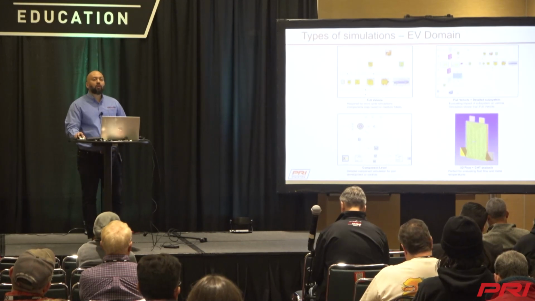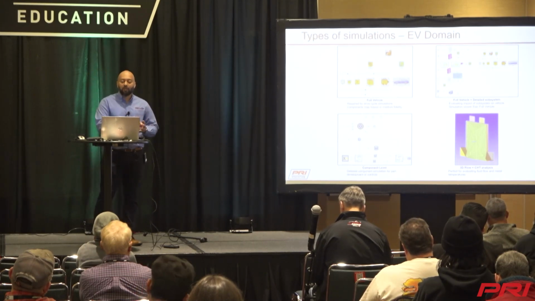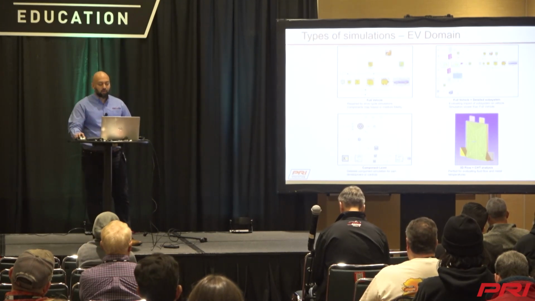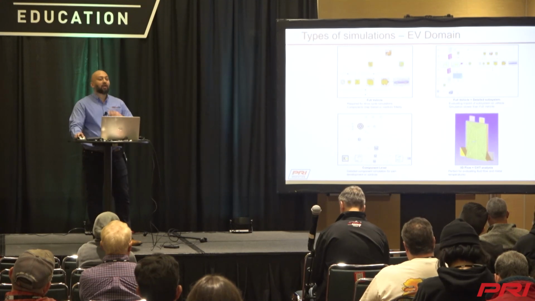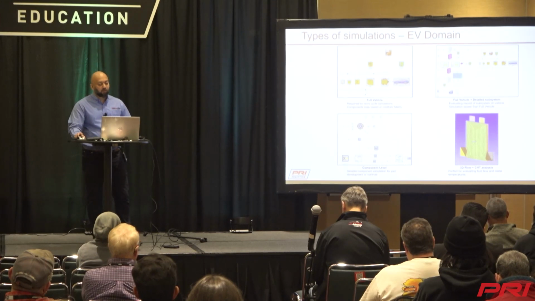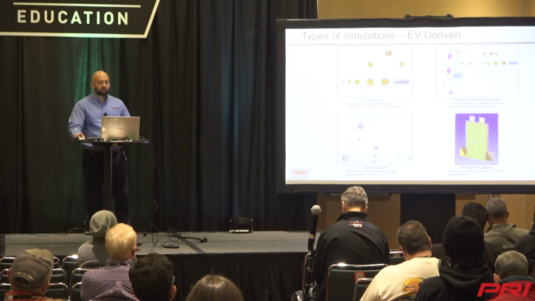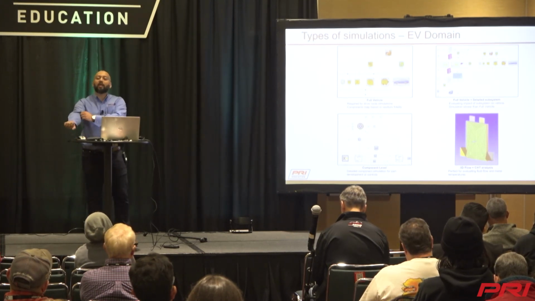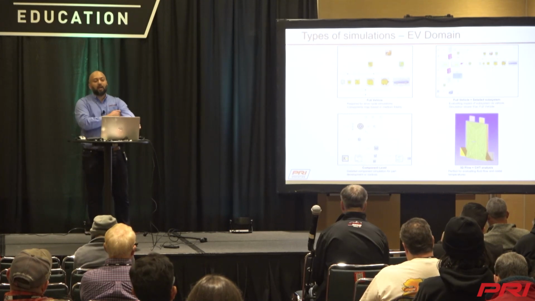Now, if you want to understand the importance of a detailed subsystem and the impact of it on the full vehicle, let's say the HVAC system or the battery electrochemistry, then you need the next level, which is the full vehicle plus the detailed subsystem model. You can also just skip that and do a component level if all you are caring about is that particular component.